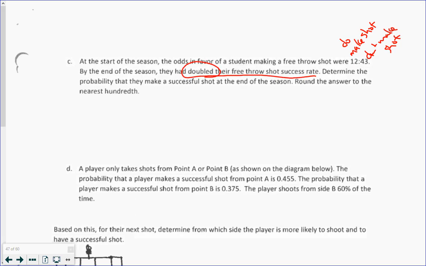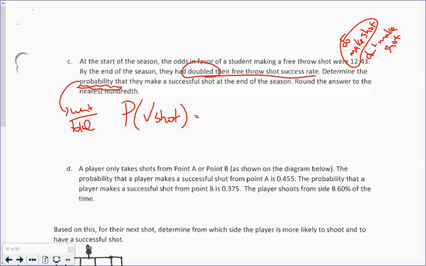Determine the probability. So remember, probability is want over total. The probability that they make a successful shot at the end of the season. So right now, they do make the shot.